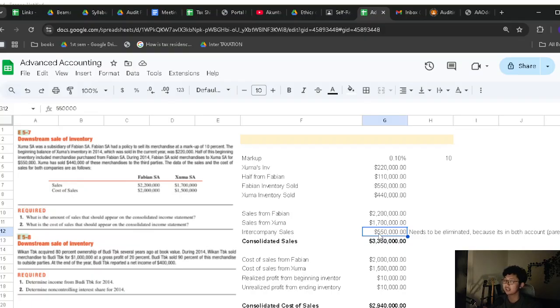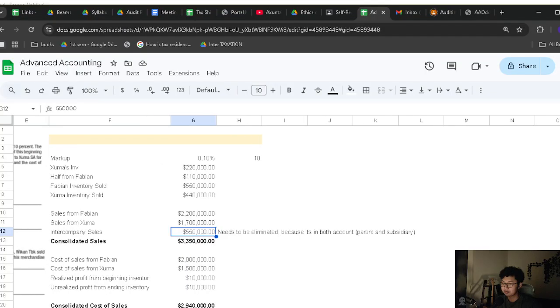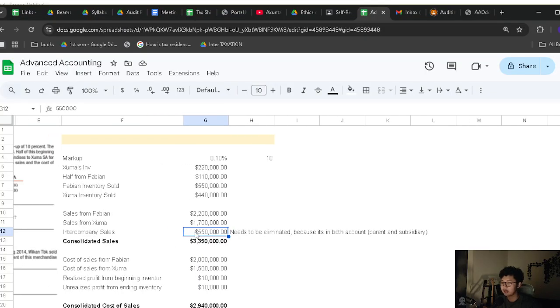I think you call it double bookkeeping. You need to do that because this 550 is in both the subsidiary's and the parent's accounts. So I reduce by 550 and we should get around this much for the consolidated sales.